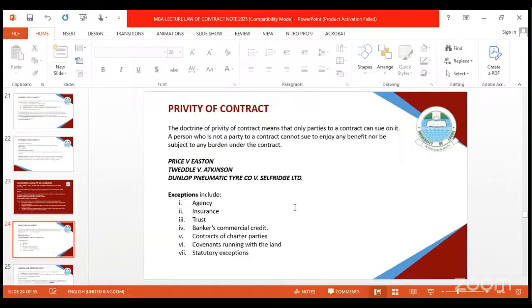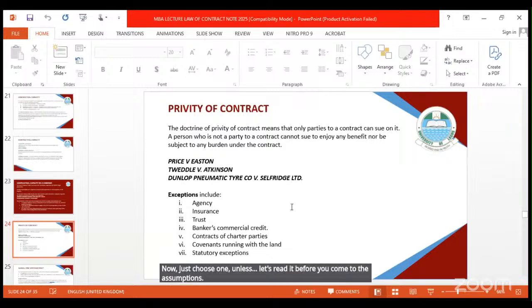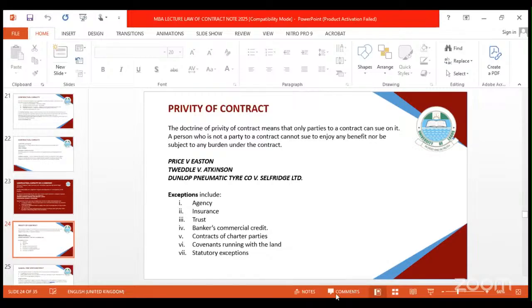There are two cases there: Price versus Easton, Tweddle versus Atkinson, Dunlop Pneumatic Tyre Company, and Selfridge Limited. They are all cases. Just choose one, and let's read it before we come to the exceptions. I'll give you a few minutes.